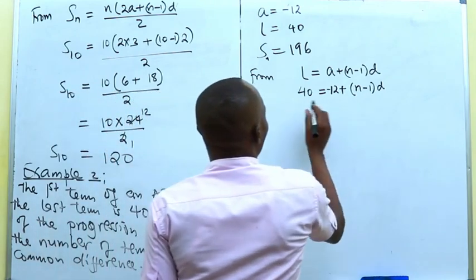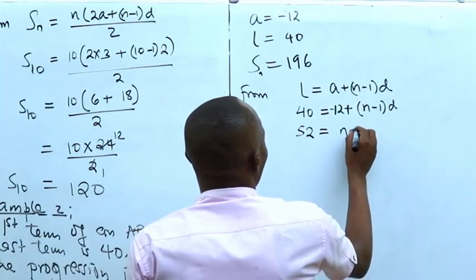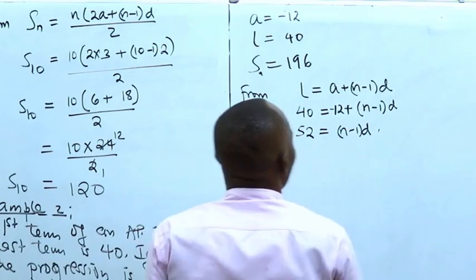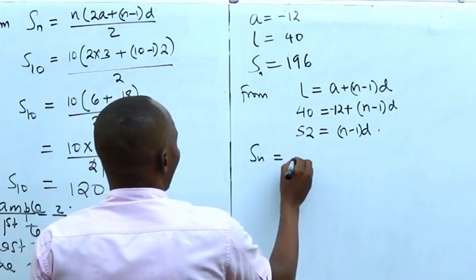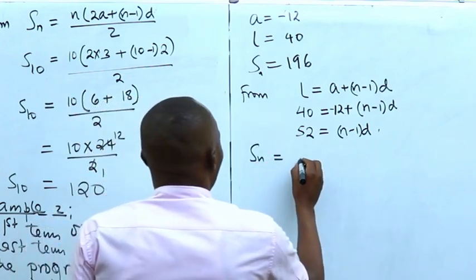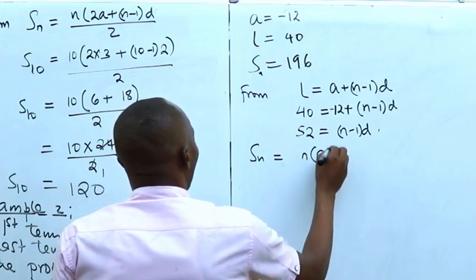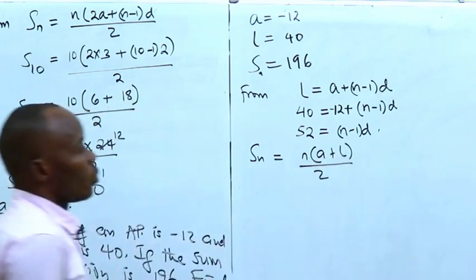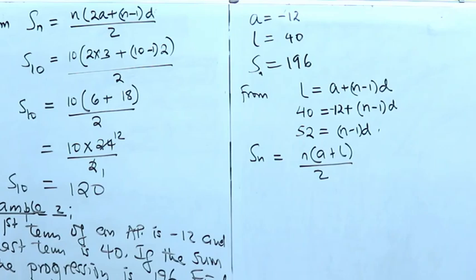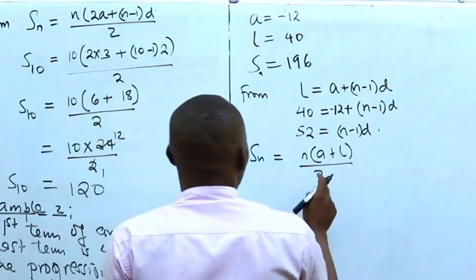So if I bring this one this side, 52 is equal to (n − 1) into d. Also, Sn is n into (a + l) all over 2. So I think from here we can get n directly.